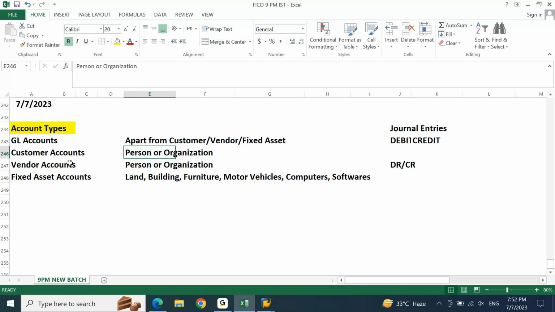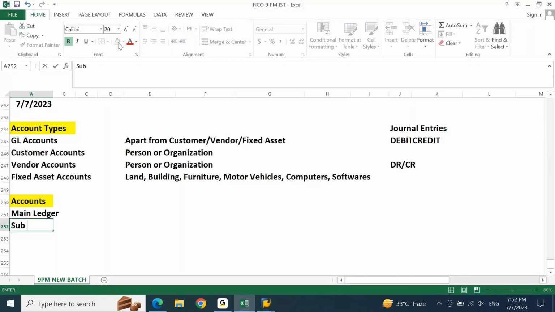Now, in your accounting, again you have two more classifications. One, I will call it main ledger. If I'm calling it main ledger, what will be the other ledger? Subledger. If I call one main ledger, the other one I call subledger. These categories have to be classified according to main ledger and subledger.